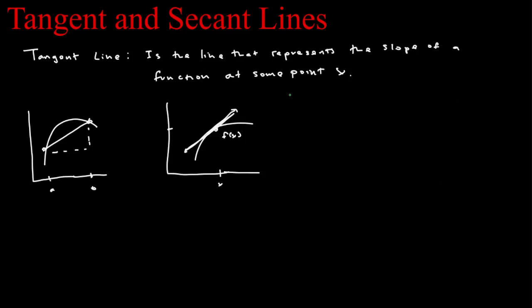So in essence, we're doing 3 things to ascertain the slope. Here are the 3 steps to find the tangent line. Our first one is we start off with a secant line, because we know how to do that.